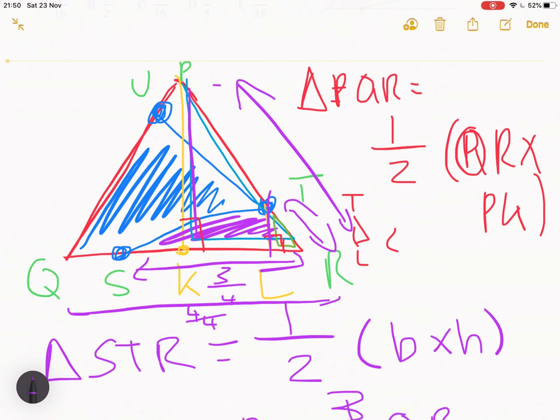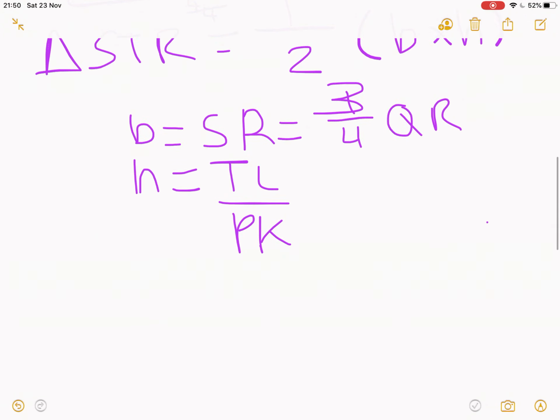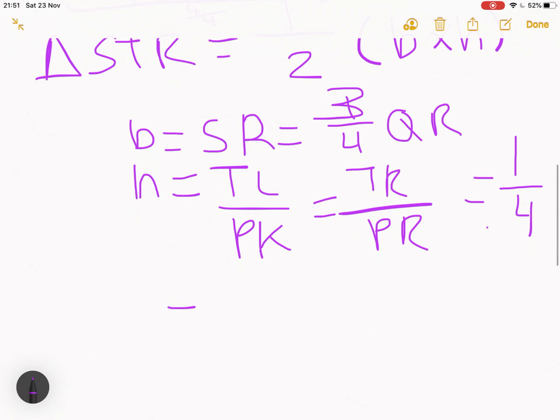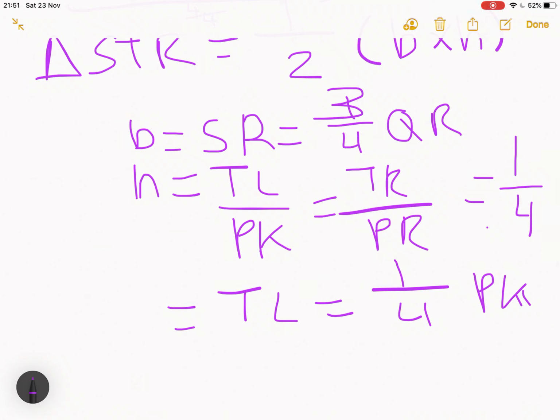So that's basically 1 out of 4, if we know that's a quarter along the way. So TL over PK equals TR over PR, which we know is a quarter. Therefore, TL is a quarter of PK. So now we know our height and we know our base.